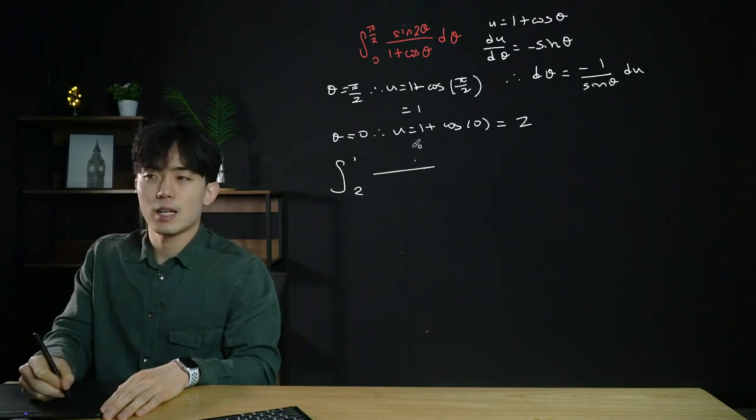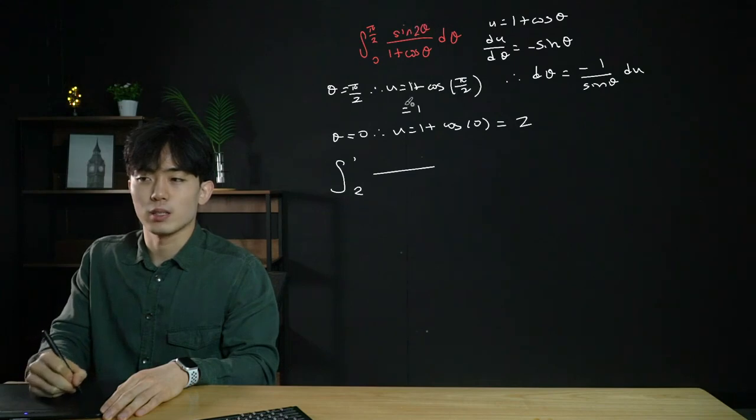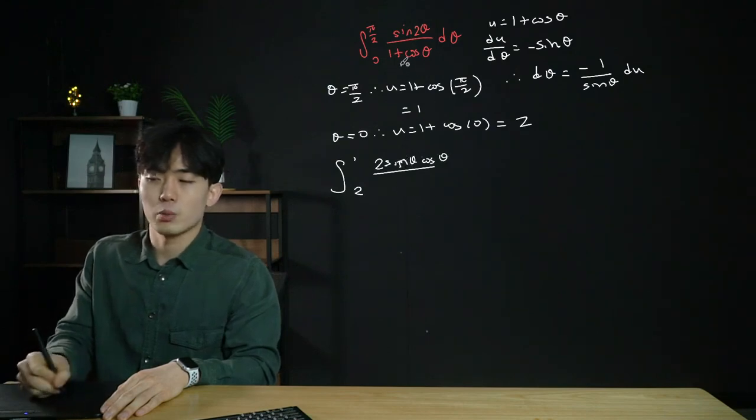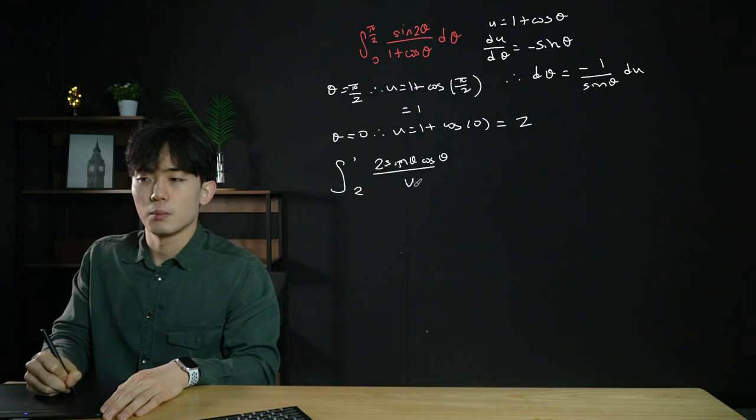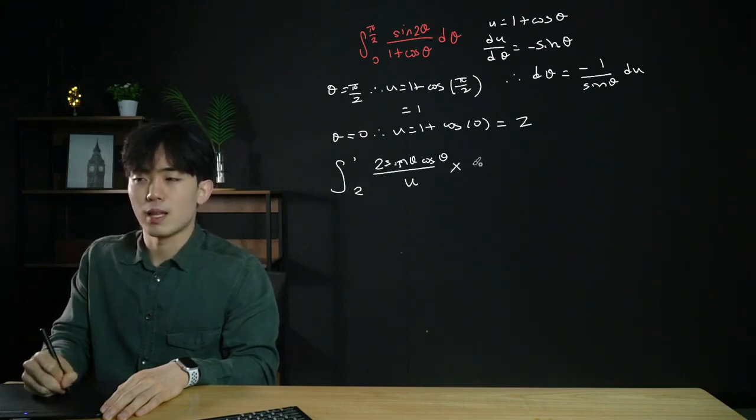And now this sine 2 theta, you should be able to notice we can expand it, saying it's 2 sine theta cos theta. And 1 plus cos theta we set as u before, multiplied by the d theta, which we worked out to be negative 1 over sine theta du.